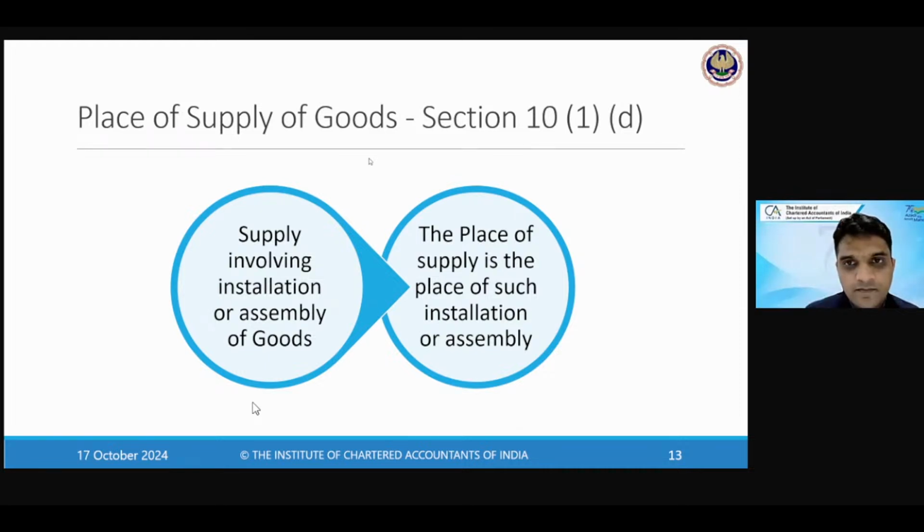Good afternoon, sir. Hello. Sir, the second question is between Tolaram and Jholaram. Jholaram is the recipient of the goods where the goods are delivered, and Tolaram is the buyer on whose instruction the goods are delivered. Correct. Then between Tolaram and Jholaram, what would be the place of supply?